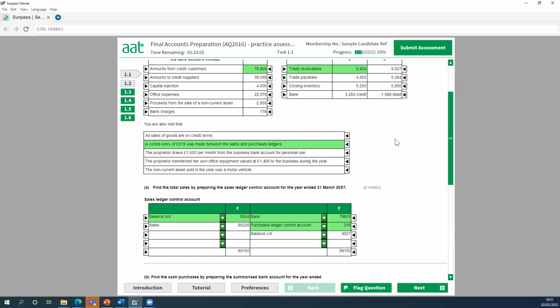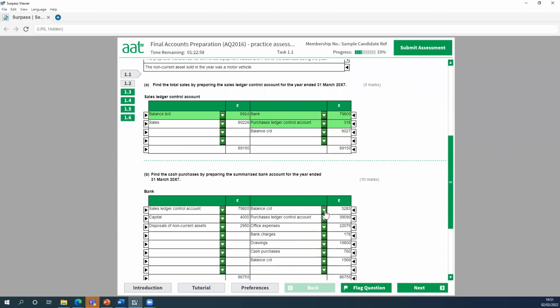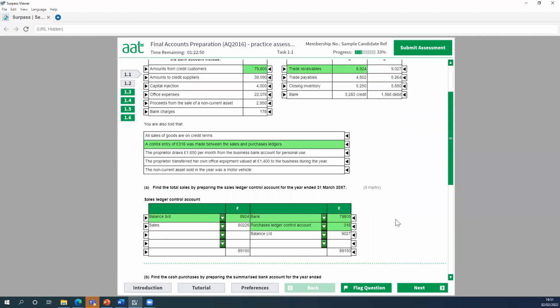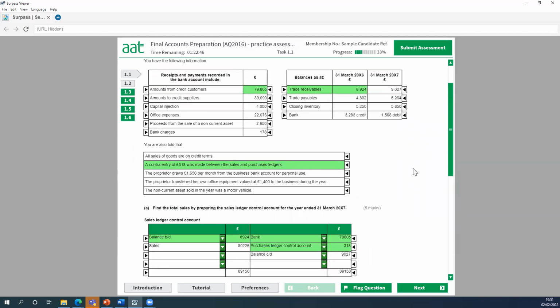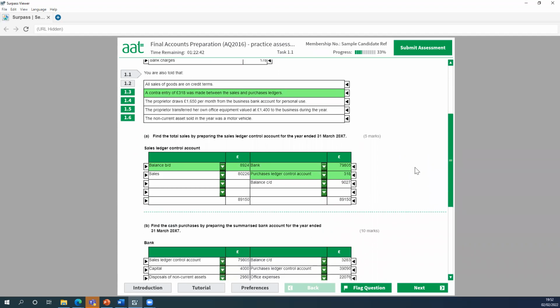So it's a bit sneaky, that one. I'll put that into the balancing figure, then the balance carried down of 1,568, because it becomes balance brought down at the start of the next period, which means that we've got £1,568 in the bank.